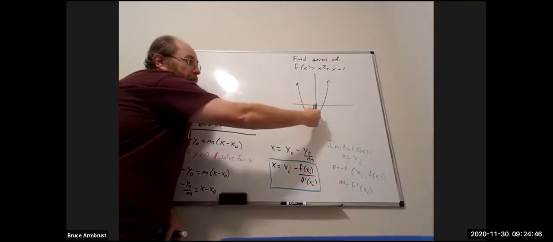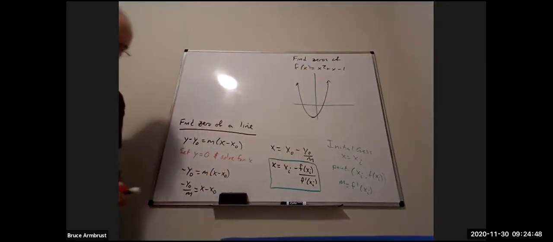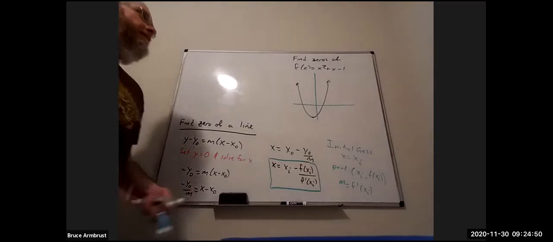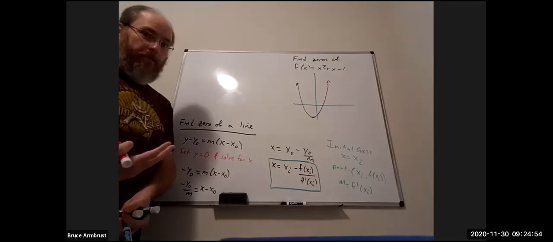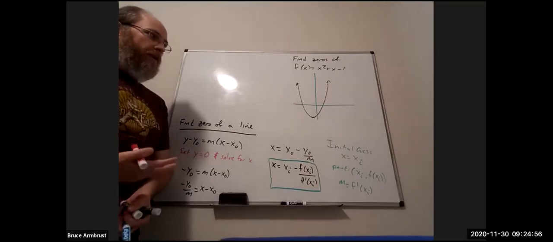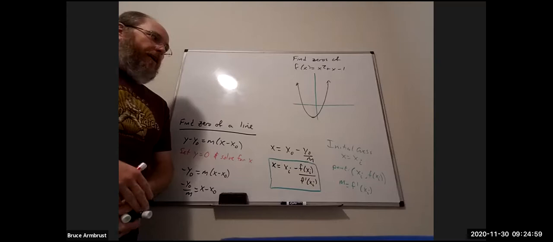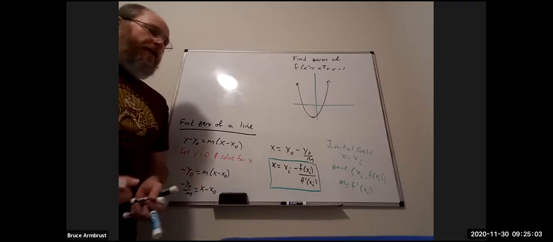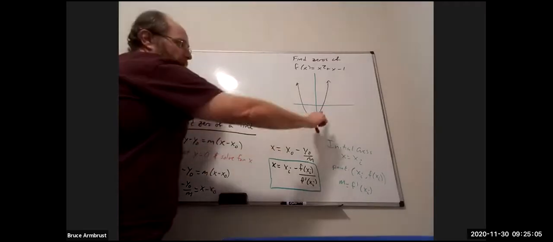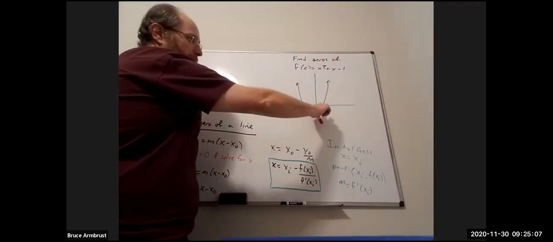There's our intercept at 0, -1, and it's a smile. Okay, so I know I said find zeros of this. Let's just find one of the zeros, and then you can see you could use the same process to find the other one. So let's find the positive one. Let's find the one that's out here.